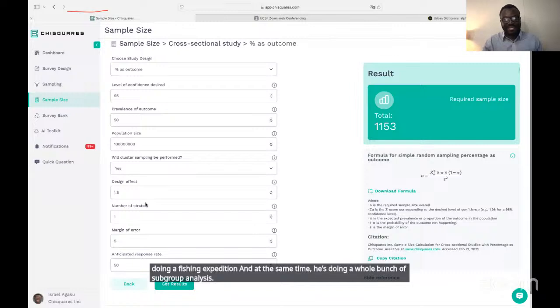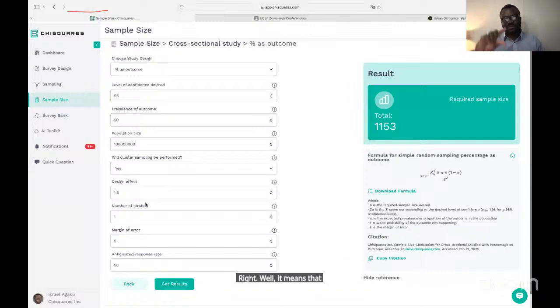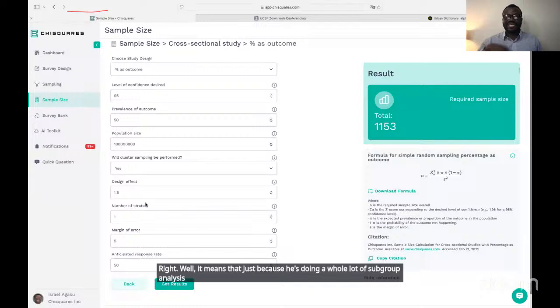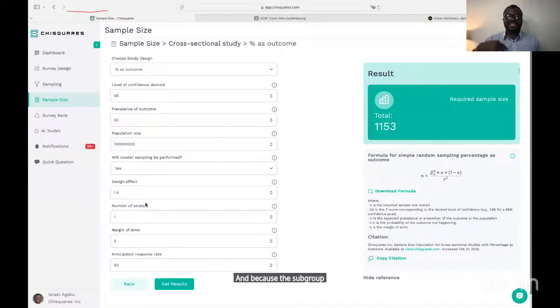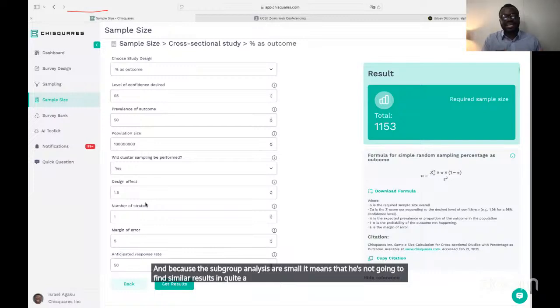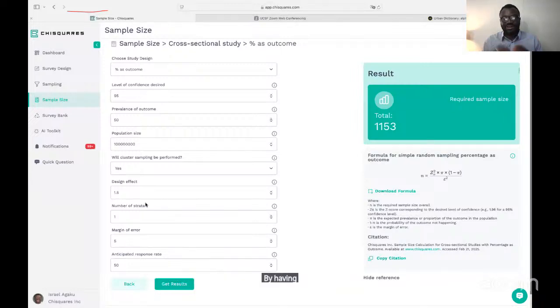It means that he's very likely to find something just by chance. And because the subgroup analyses are small, he's not going to find significant results in quite a number of groups, because even if there was a significant difference in those groups, the sample size is so small, by having taken a small chunk of a big population, you will not find anything.